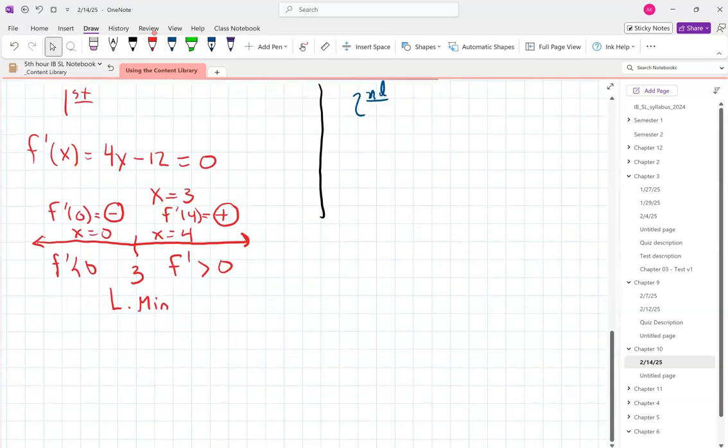So to find the coordinate now, I found that it occurs at x equals 3. To find the y coordinate, I need to go back to the original function and plug that in.